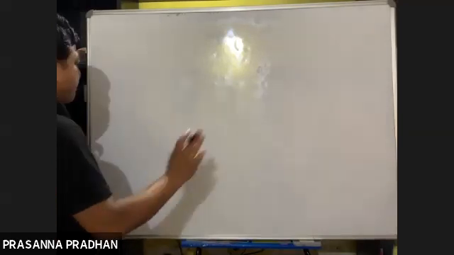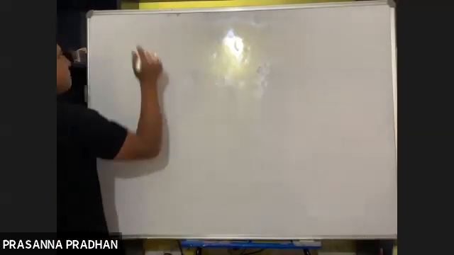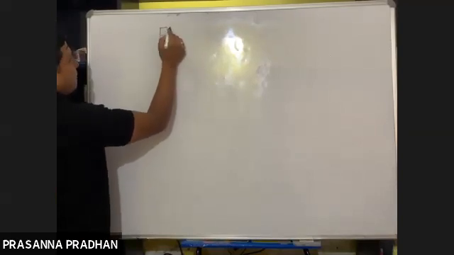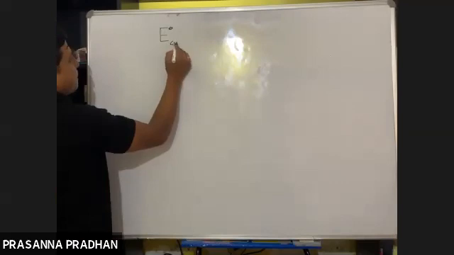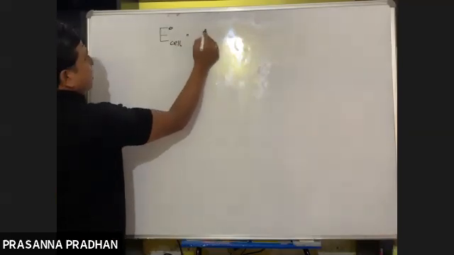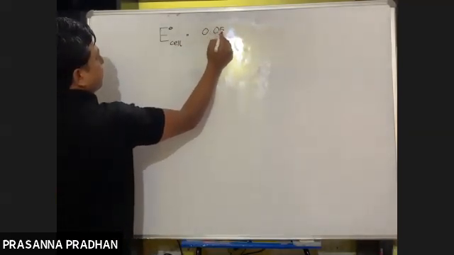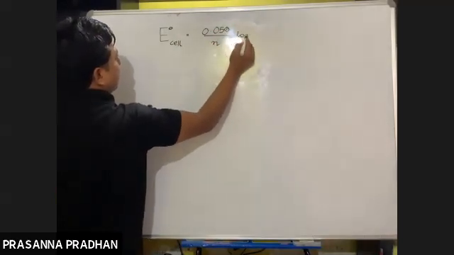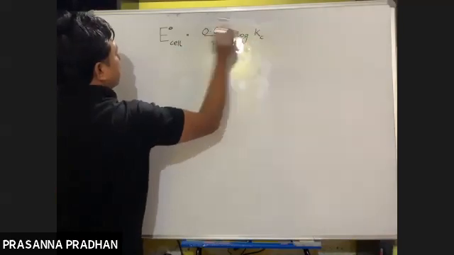So the Nernst equation is done. And we also know this equation, which we derived from the Nernst equation: E naught cell equals 0.059 divided by n log Kc.